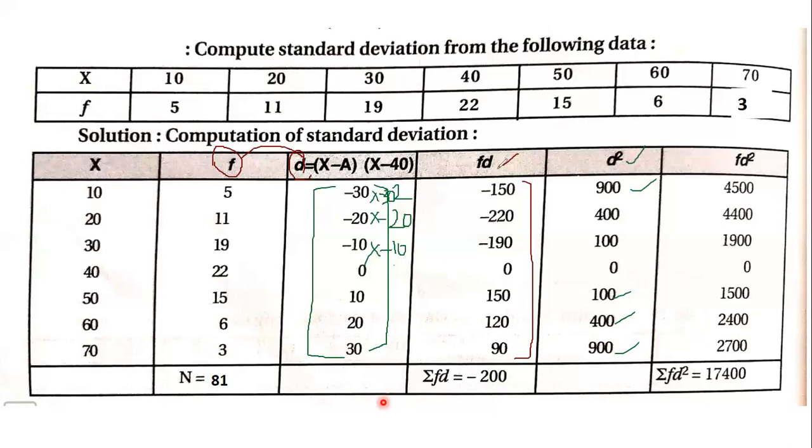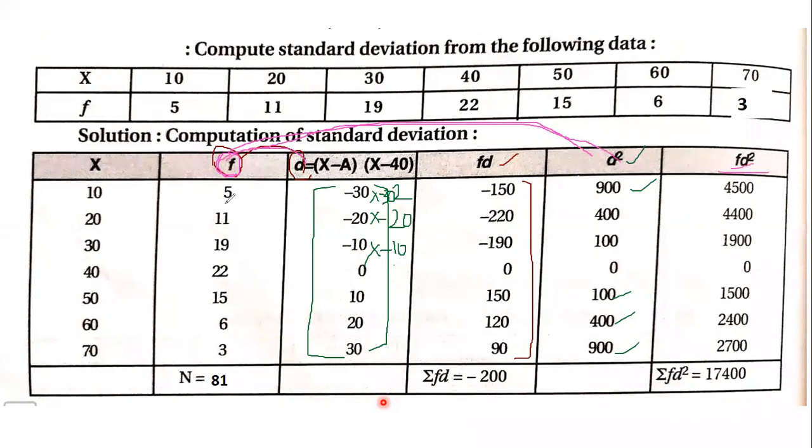Next step is multiplying the frequencies with D square. In the first step, we multiplied the frequencies with D itself. Now we found D square, so multiply the frequency with D square. That will give you the answer for fD square.